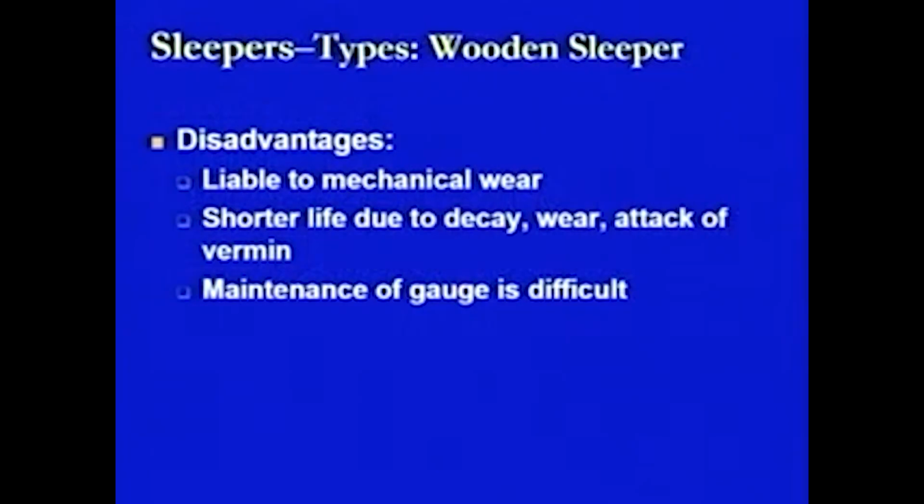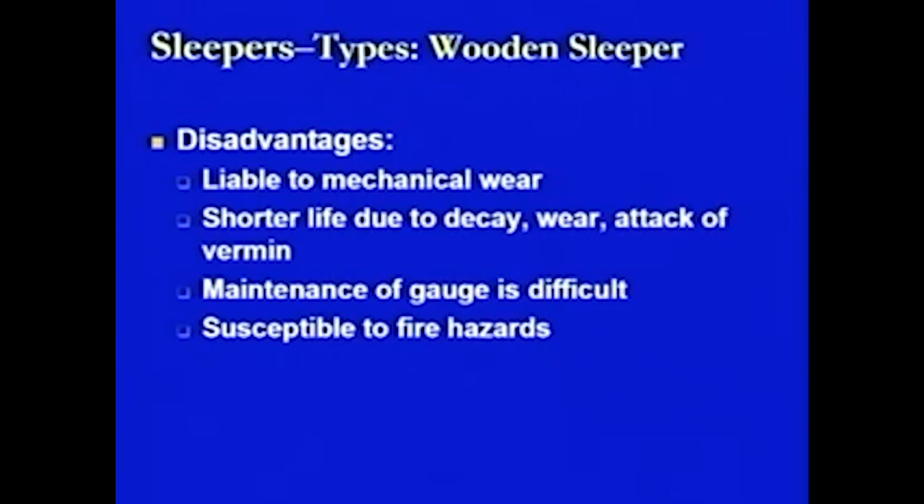Maintenance of gauge is a little difficult in this one because of the loosening effect of the fixtures or the fastenings which have been inserted in the wood. As the loads, the vibrations and the impacts keep on coming, these fixtures or fastenings start becoming loosened, and this has its effect in terms of maintaining the gauge.